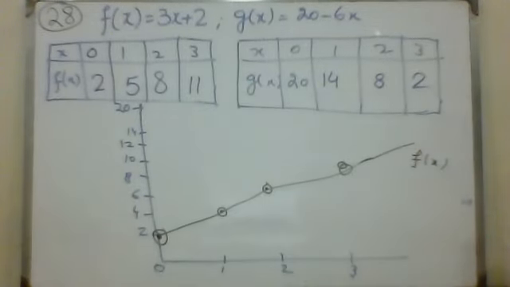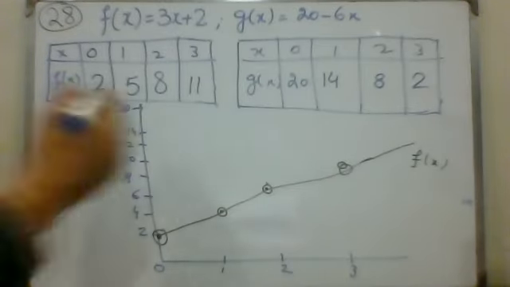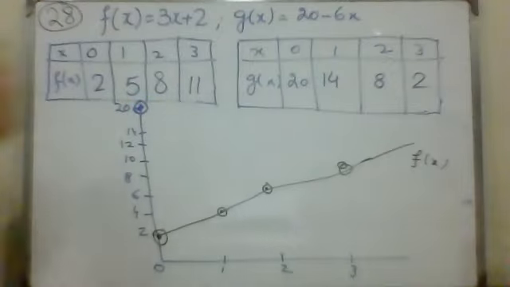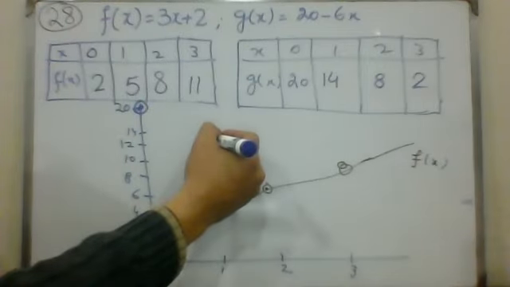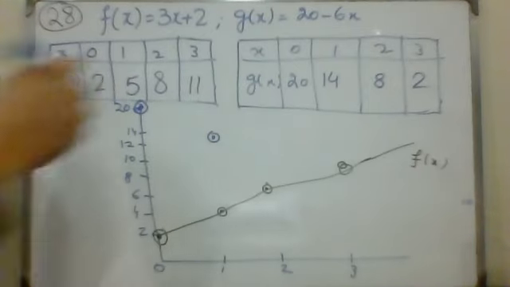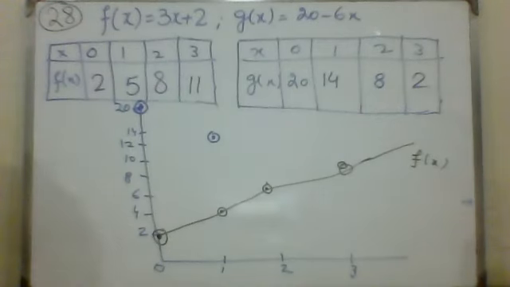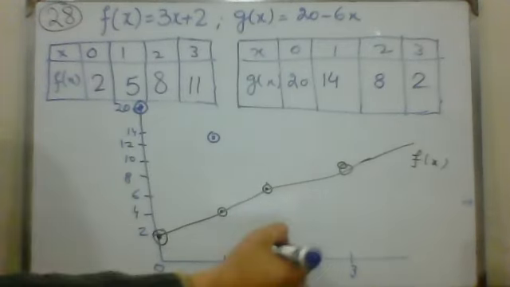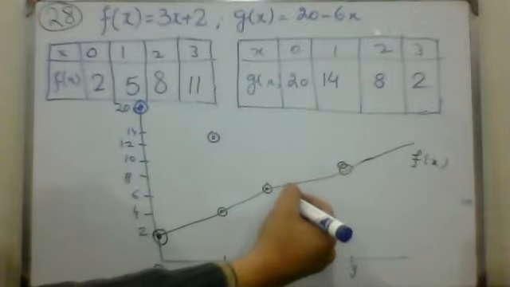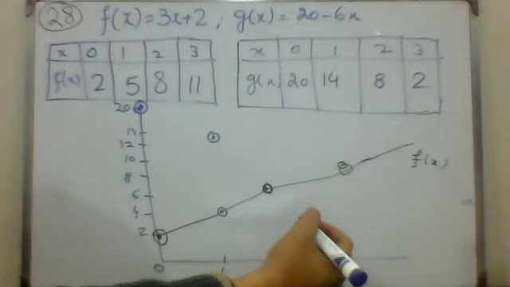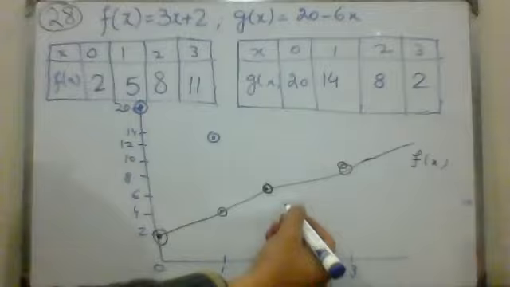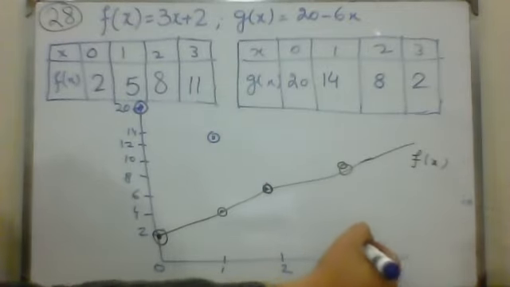Now the second one, g of x. At point 0 we get answer 20, that is the first point. When x is equal to 1, we get answer 14. When x is equal to 2, the answer is 8, and that is a point. The same way at 3, we get answer 2.